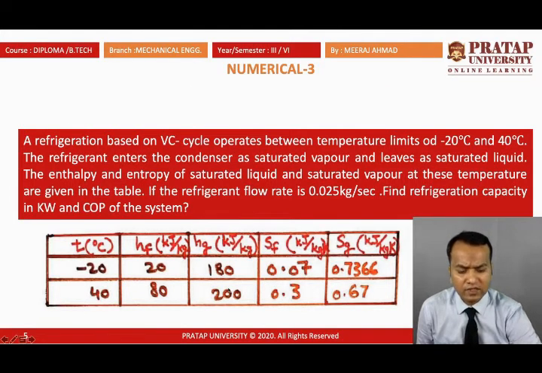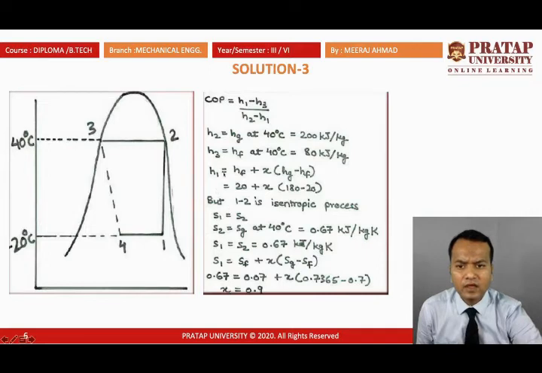Okay. Then S3, which is the HF value at temperature of 40 degrees Celsius, is equal to 80 kilojoule from the table. So you write the value of H1 here, H1 at temperature of minus 20 degrees Celsius.